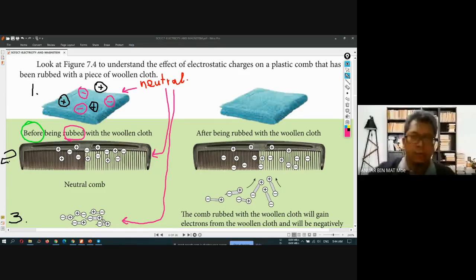Alright. Okay, so this is before. Then after you rub it with woolen cloth, what will happen? Can you see the difference? Okay, we take a look at A first.